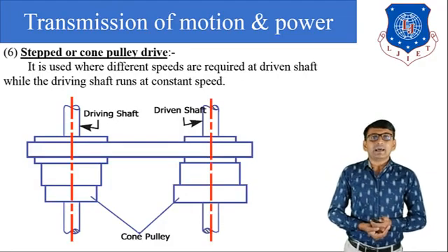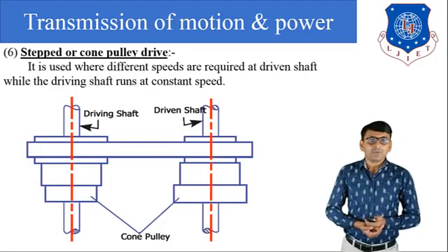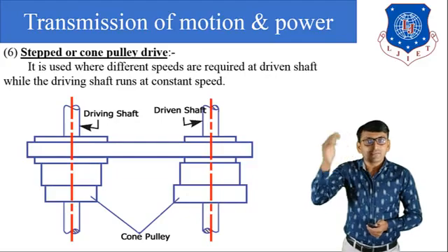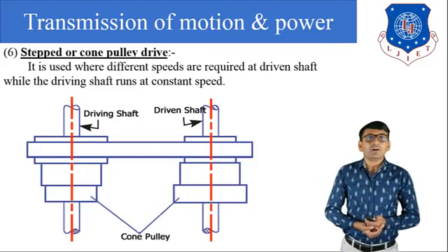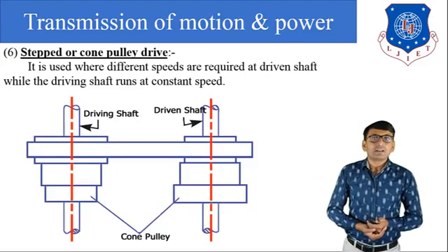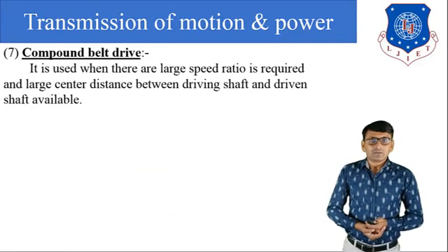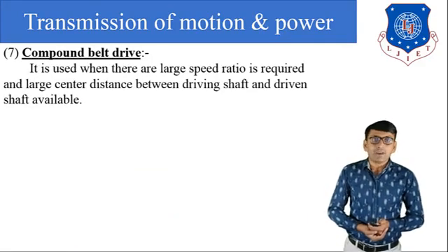This is the diagram of a step pulley drive. In this diagram, the driving pulley and driven pulley are made in steps, so that we can control the speed of the driven shaft.